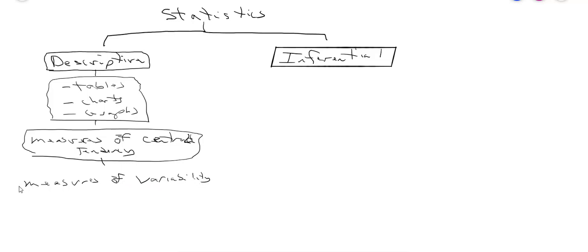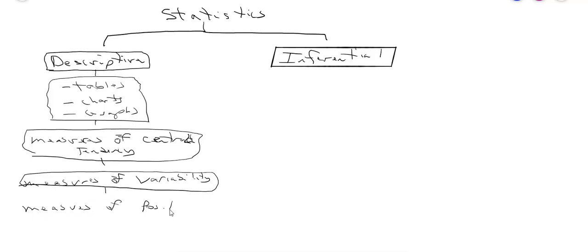Again, we like to look at numbers that tell us how spread out the numbers are, or how far away from the middle, once we decide what middle value we're going to use. Then we have measures of position, the position of values within a set of data values. That gives us a lot of stuff we could use in describing a sample.